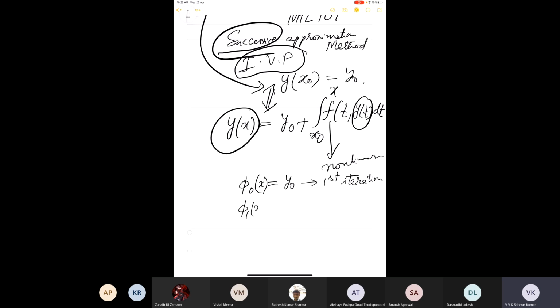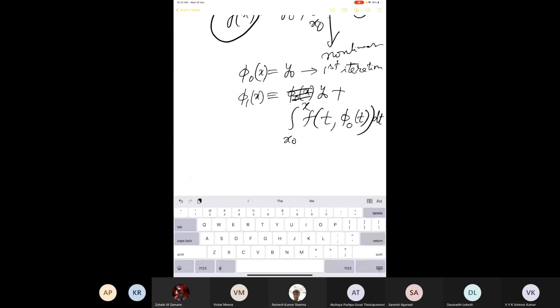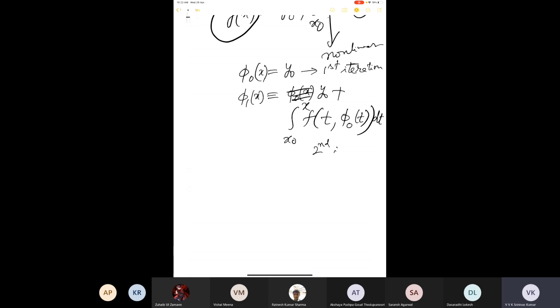Then define phi 1 of x as y naught plus the integral from x naught to x of f of t, phi 0 of t, dt. This is phi 1, and this is the second iteration, and so on.